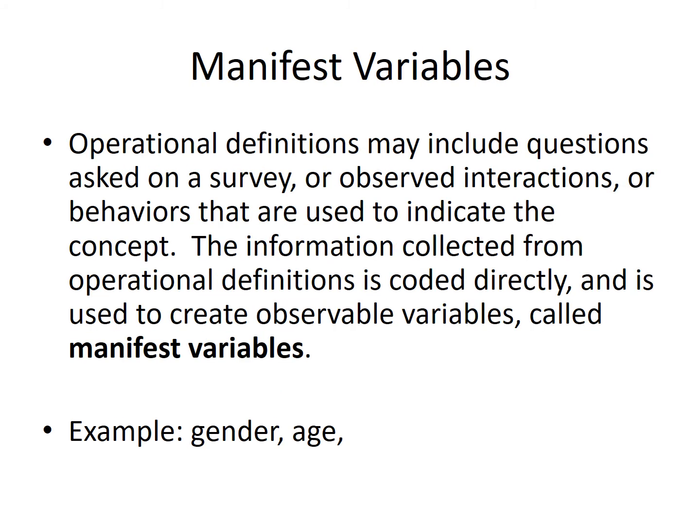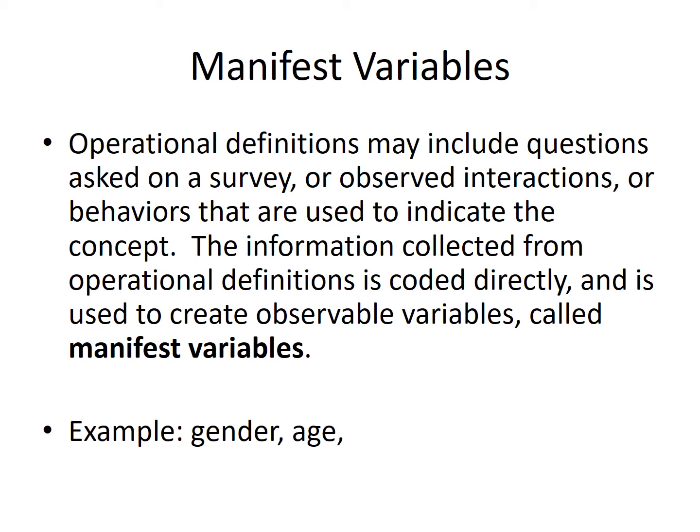As opposed to manifest variables. With manifest variables, you basically know by observation what they mean. Age, for example: you can guess approximately what age I am based off of my hair color and my wrinkles and things like that. Gender can be a manifest or a latent variable. A lot of times we can look at a person and assume what their gender might be, but we all know that gender is socially constructed, so you can make that a latent variable also if you're researching gender fluid people.